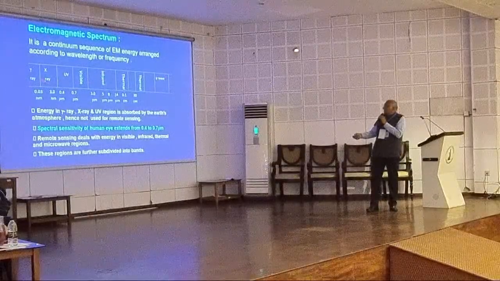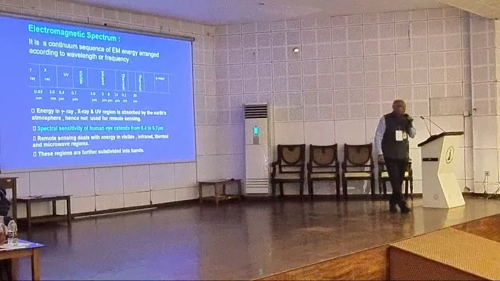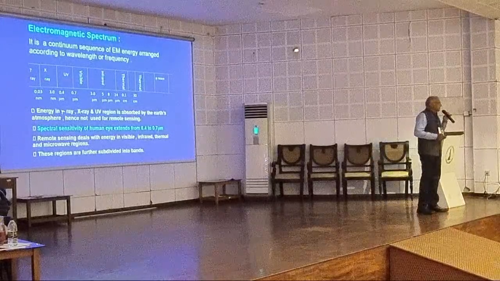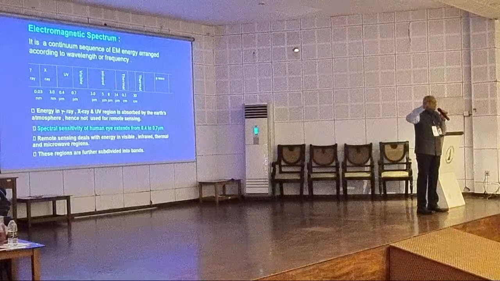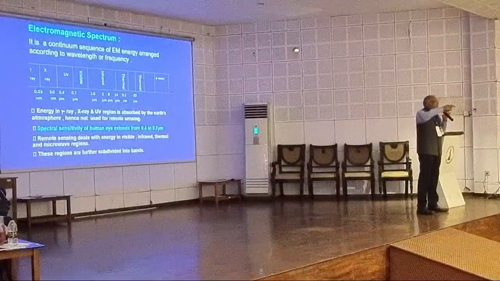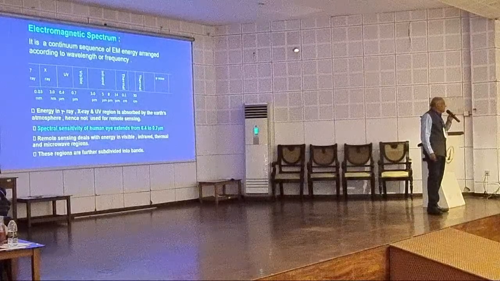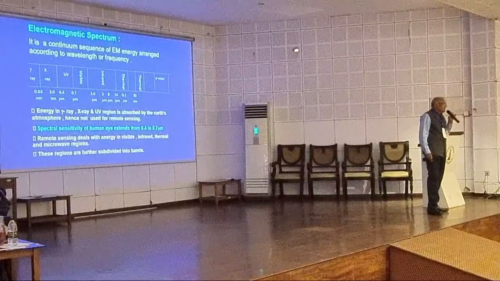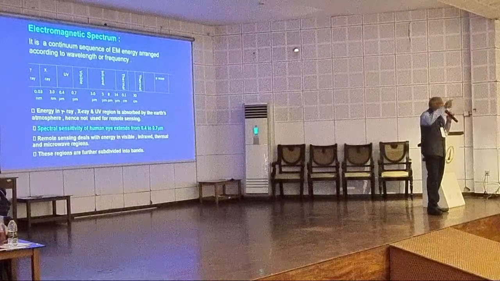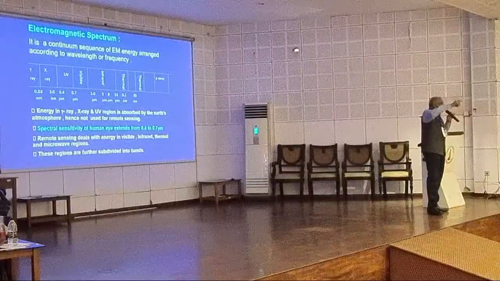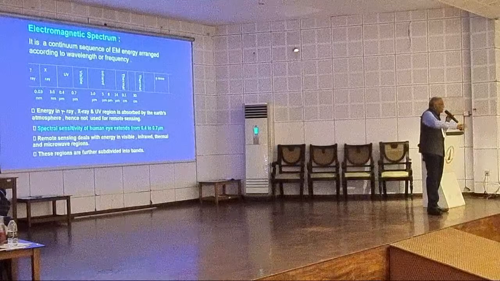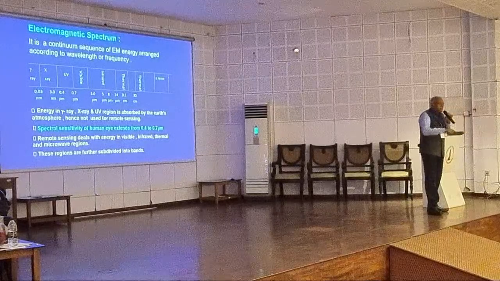So here, the larger the wavelength, the more the penetration. Radio has a larger wavelength. So even when you're in a room, you can hear it to a certain extent. Radars also have larger wavelength, so they can penetrate the vegetation, they can penetrate the soil, they can go to the subsurface.